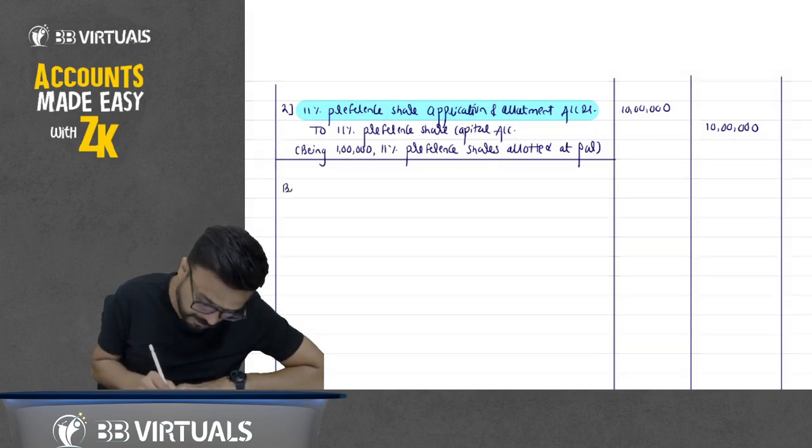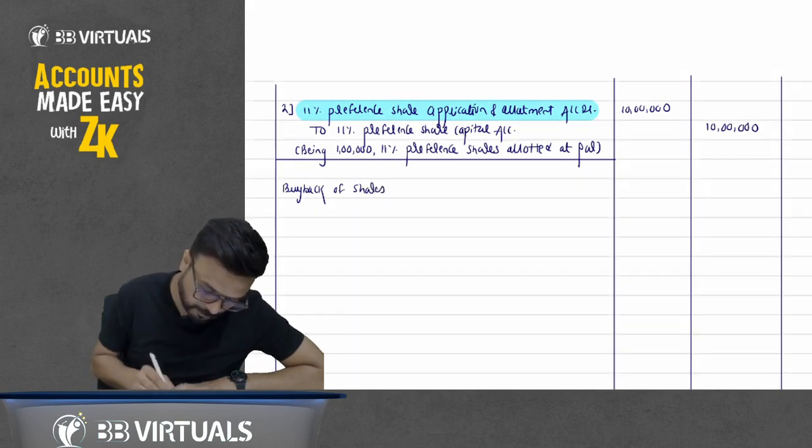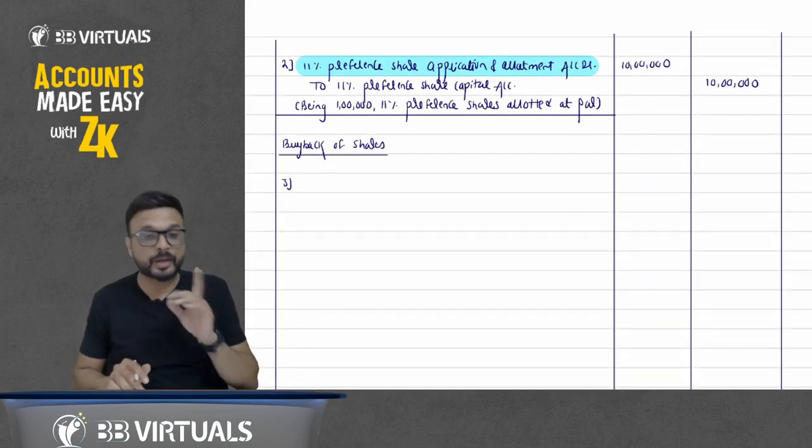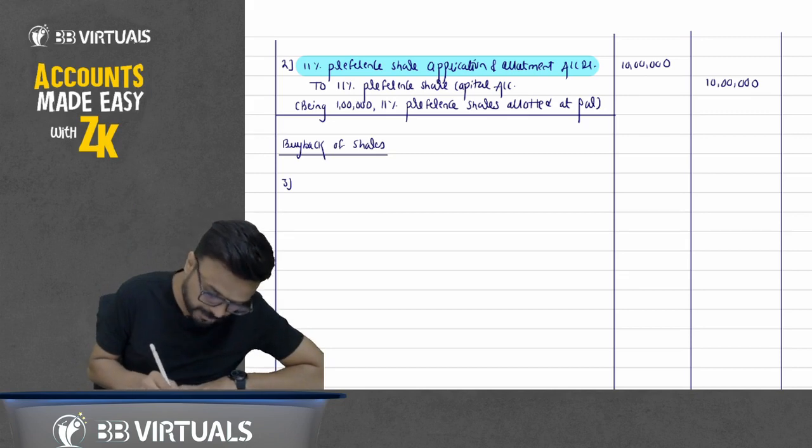So you can give the heading here, buyback of shares. Now we are doing buyback of equity shares. So third entry here. How many shares are we buying back? 4 lakh. We are paying 22 rupees for one share. So first we'll purchase shares.